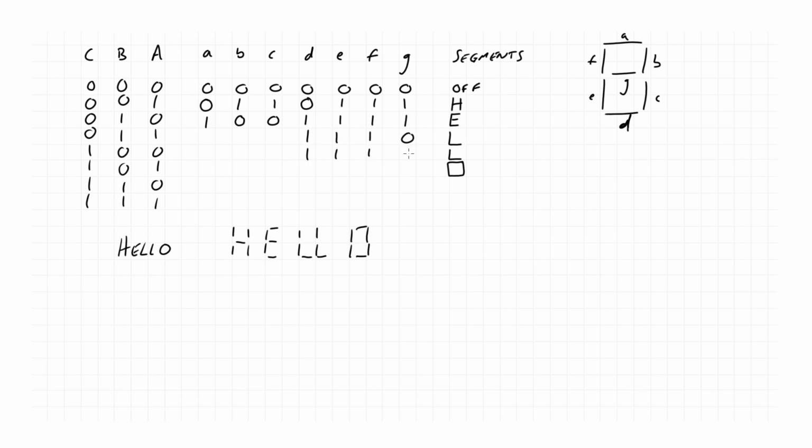And there's 2 L's, so we'll do it twice. All the others are not illuminated. And for the O, they're all turned on apart from segment G. And then for the last 2 counts, which I could put anything in, I'm going to make them 0, so they're fully off.